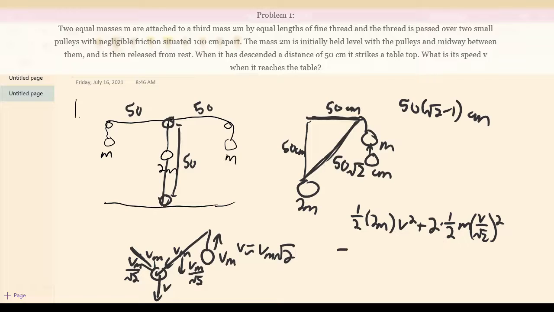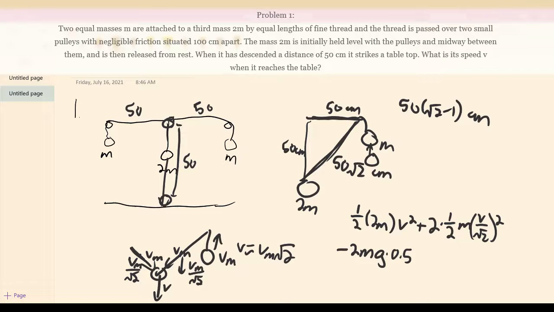For a mass m moving a distance d, this is just mgd. The large mass 2m has moved down a distance of 50 centimeters or 0.5 meters. So this would be 2m times g times 0.5.